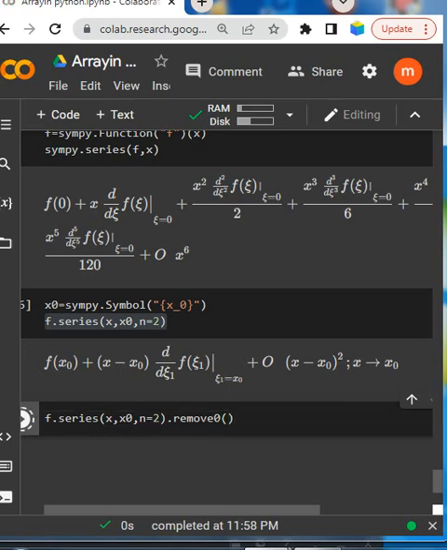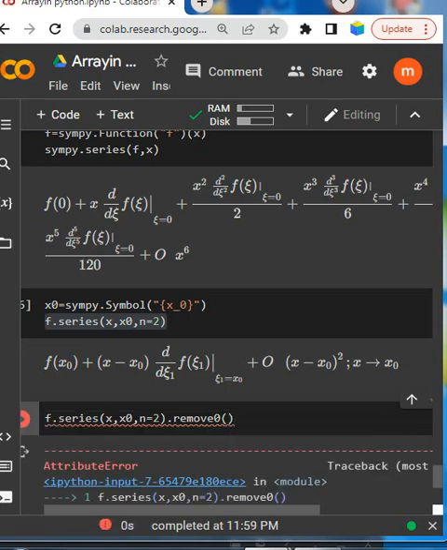So what happened? We can see the difference.